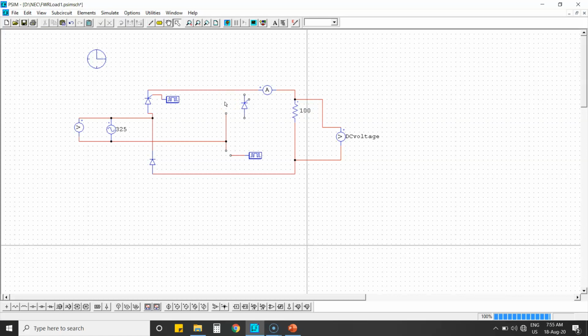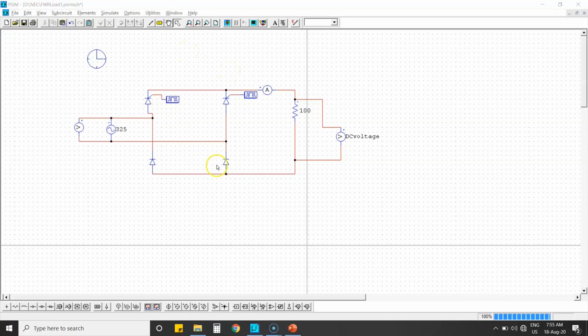Similarly, cut this and paste here. This is the main thing: if the connection is wrong, the whole answer will become wrong. So make sure it follows either a symmetrical or asymmetrical configuration. Better to go for symmetrical configuration. Anyhow, both answers will be the same whatever the configuration, but the symmetrical is the simple one.